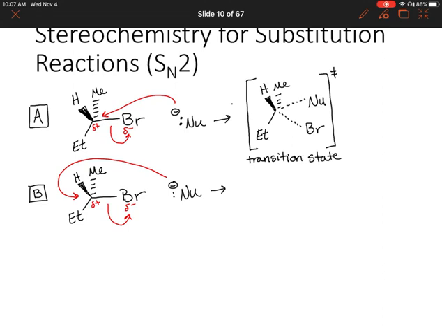Okay, now remember, during this step, we haven't fully broken our bond to bromine, but bromine is partially negatively charged. And the nucleophile is starting to form its bond to carbon, so it's no longer negatively charged, it's partially negatively charged.